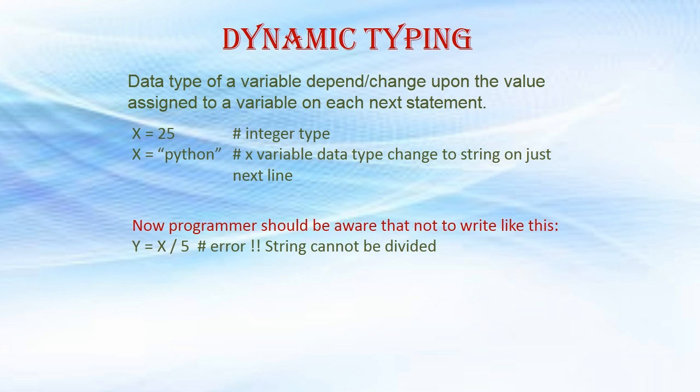But here there is a note that the programmer should be aware not to write y equals x divided by 5, because the previous value was an integer, but now the value is replaced with a string, and a string cannot be divided, so it will give you an error. So this has to be taken care of by the programmer itself.